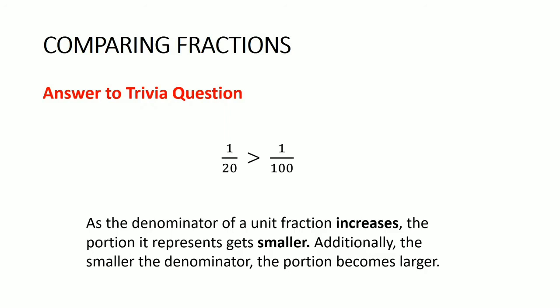That is to say, if you had a fraction like 1/100th being compared to 1/20th, because the 100 in the denominator is larger, this means that the fraction 1/100th is actually smaller than the fraction 1/20th.